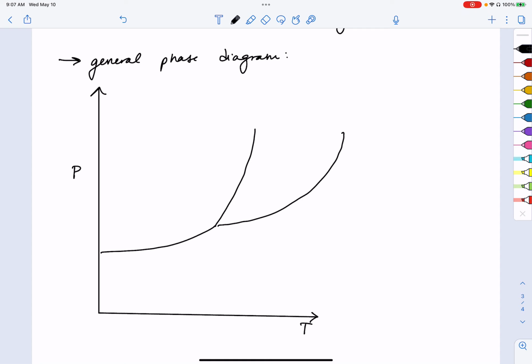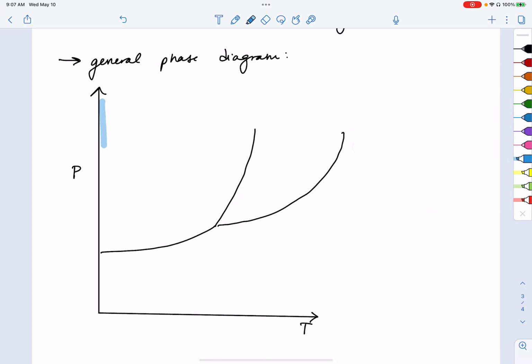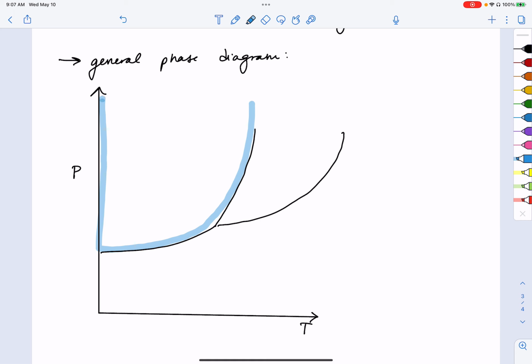So let's start with this region here. Why don't we look at all of the pressure and temperature data points that are found in this region of the curve. This is a series of temperatures and pressures, right?